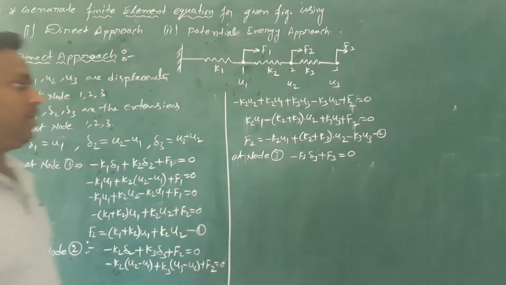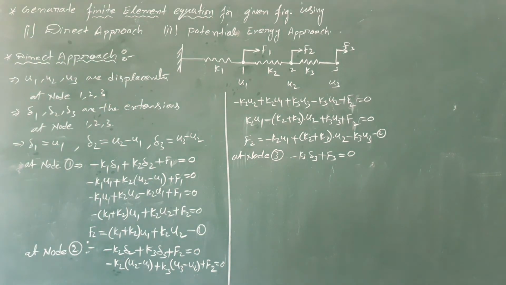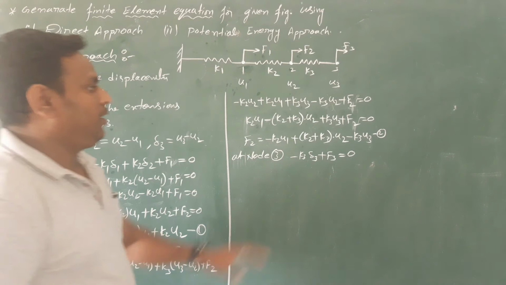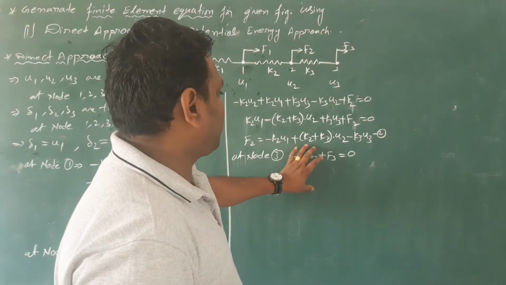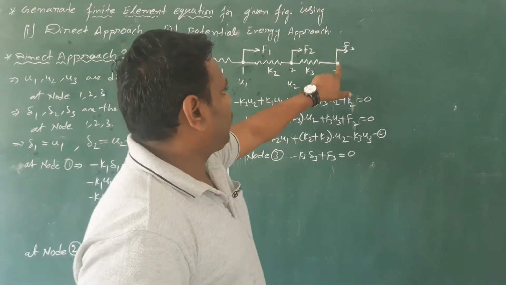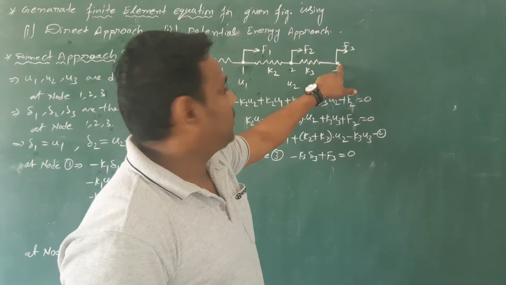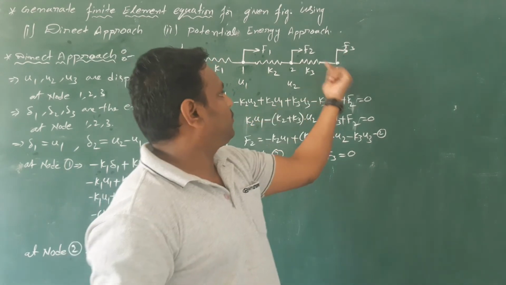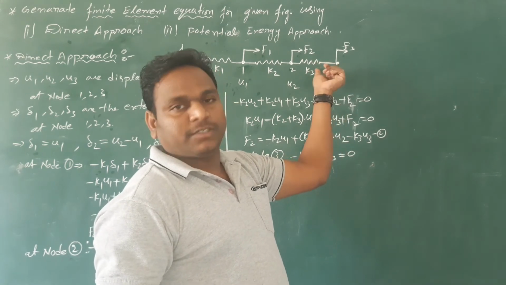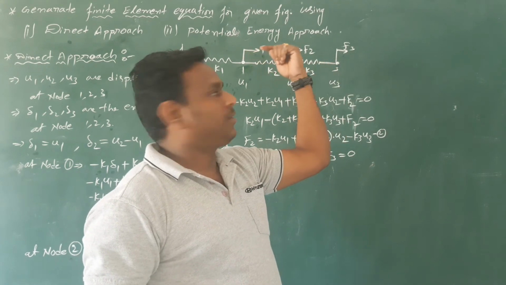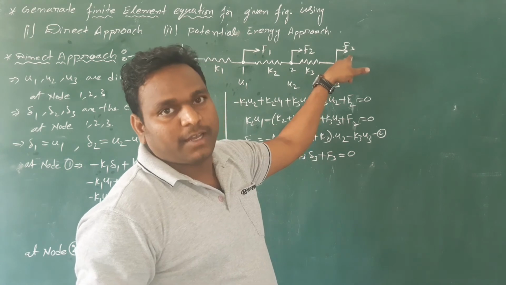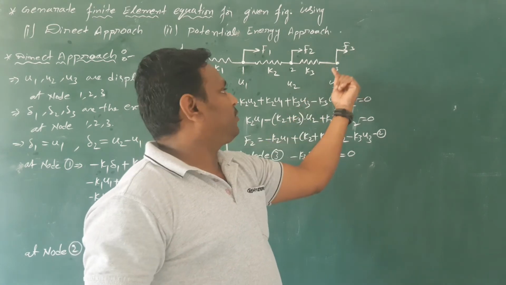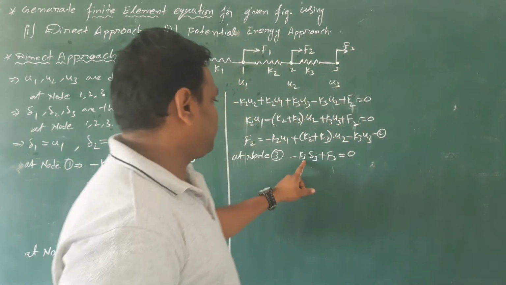Only minus K3 delta 3 plus F3. Two forces are acting at node 3: if force F3 is applied in the forward direction, the spring force is applied in the opposite direction.